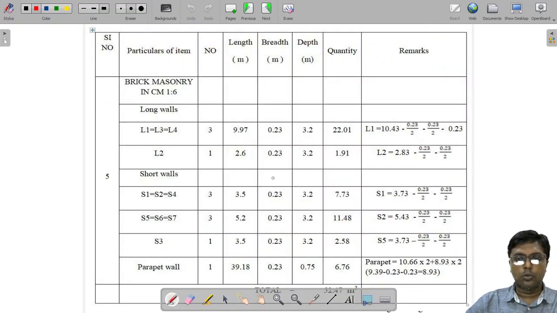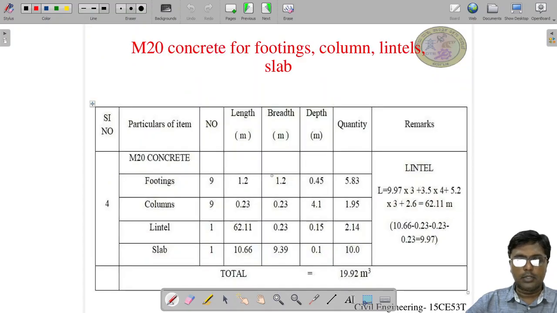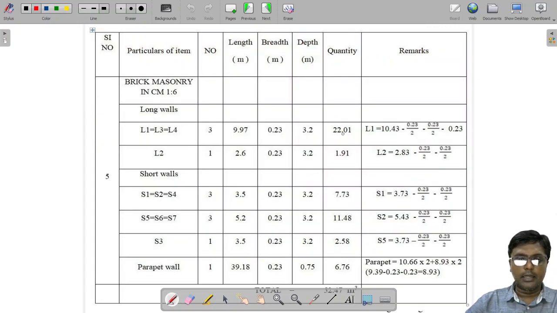Okay. Now let us go to the next item. For item number 4, M20 concrete, we did not use any long wall or short wall, so it was independent of any method. But in brick masonry we need the length of long wall and short wall to calculate the quantities of the wall. So let us start.